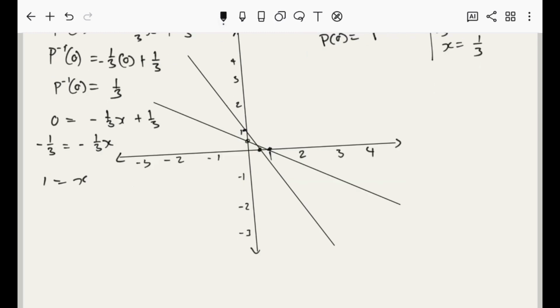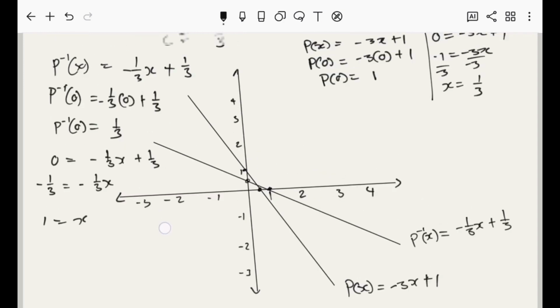This right here is our P of x is equal to 3x plus 1, and this right here is our P inverse of x is equal to minus 1 over 3x plus 1 over 3. All right, so there is something that I want you to notice here. When we look at the x and y intercept, this is what you should realize.